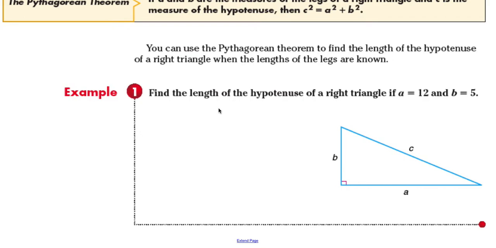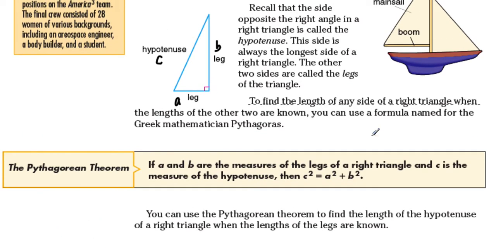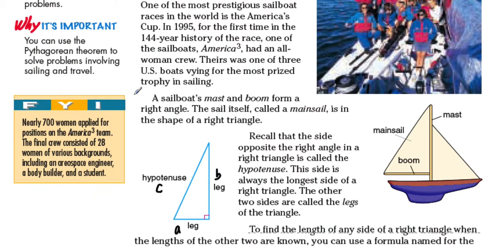Find the hypotenuse of a right triangle if a is equal to 12 and b is equal to 5. So this is your c, and that's your b, and that's your a. Traditionally, we would designate the shorter leg as b, the longer leg as a, and the longest side as c. In this case we can interchange it, where the shorter leg would be b.